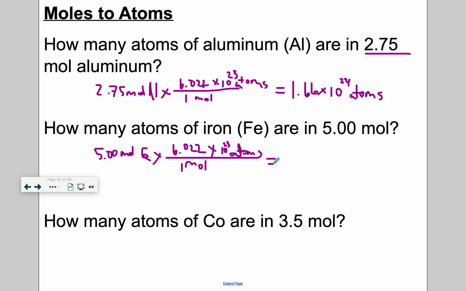Okay, punch it in. 5.00 times Avogadro's number, 6.022 times 10 to the 23rd. 3.011. So how many sig figs here? 3. 3.01 times 10 to the 24th atoms.